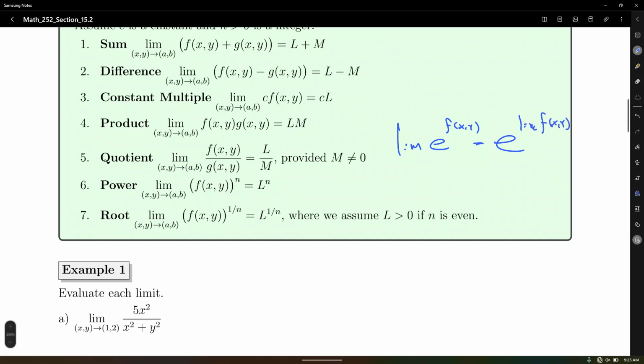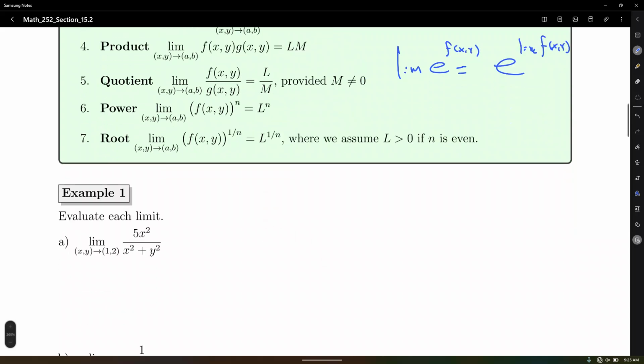It's using these properties to evaluate some cases, using L'Hopital's rule when you have this exponential weird case, all right? Well, of course, how about we evaluate limits?